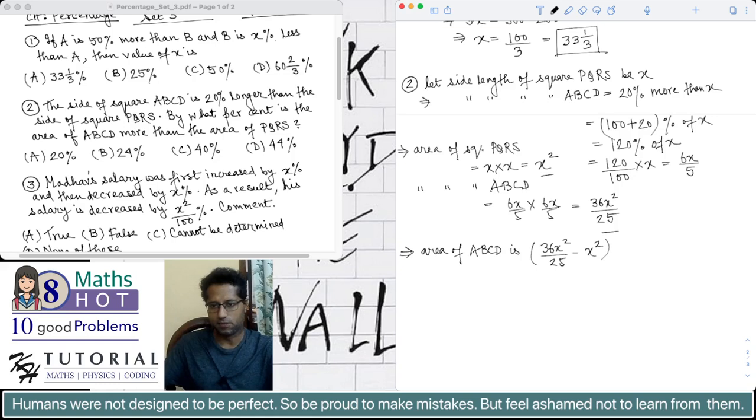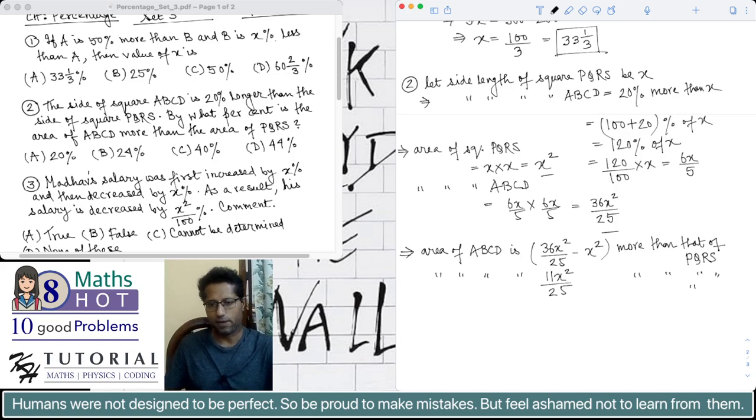The area of ABCD is this much more than that of PQRS. So if you simplify 36 x square by 25 minus x square, it is how much? It is 11 x square by 25, more than that of PQRS.